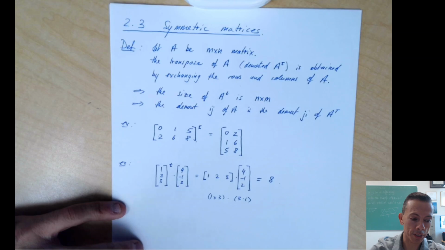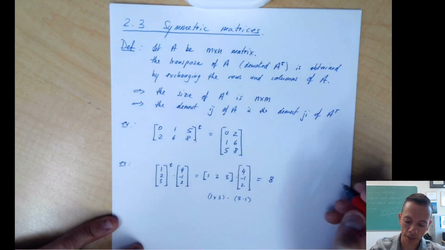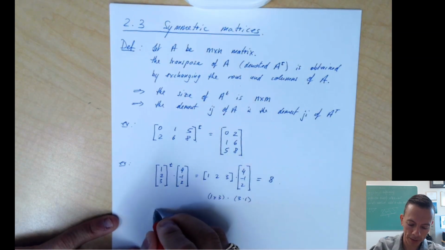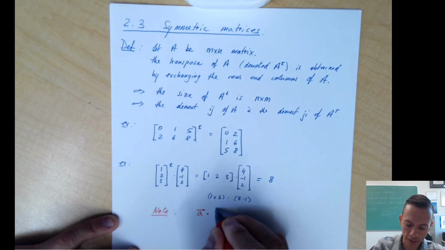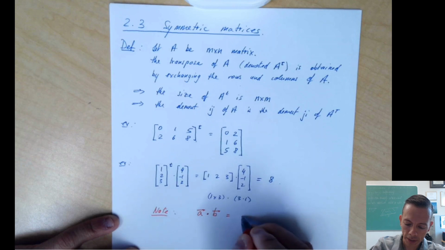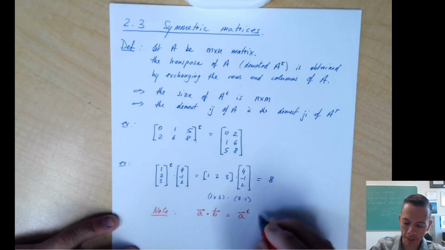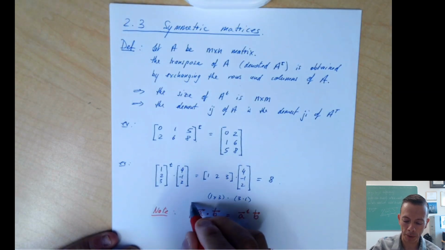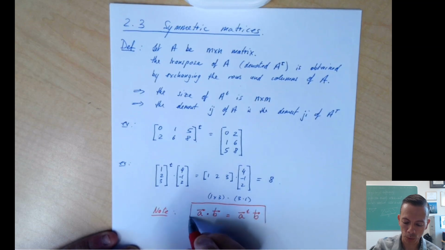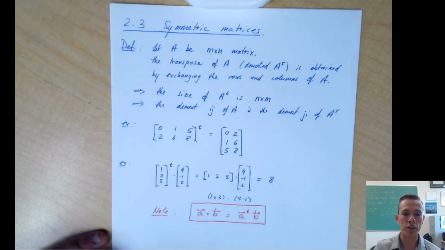So therefore we see that another way of writing the dot product, if you have a vector A dot a vector B, is to write the vector A transpose times the vector B, using matrix multiplication instead of the dot product. So we will use this several times in the future.